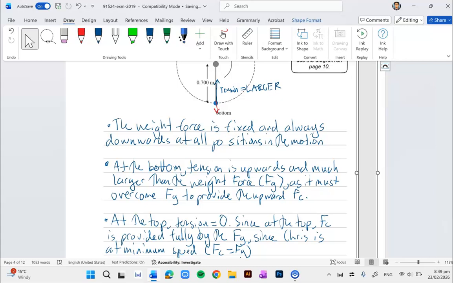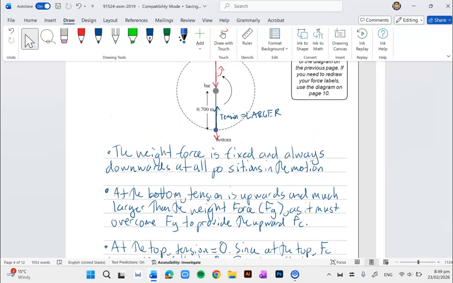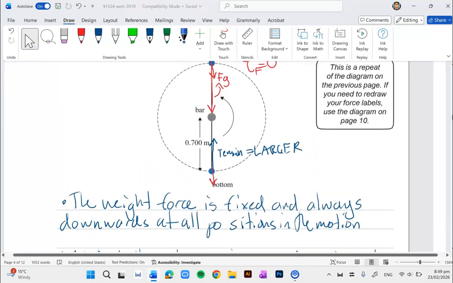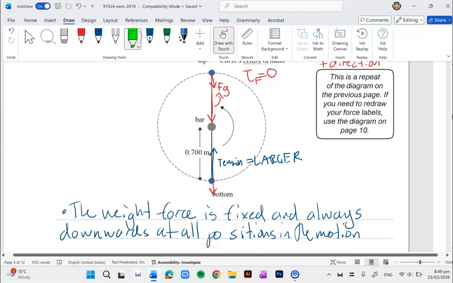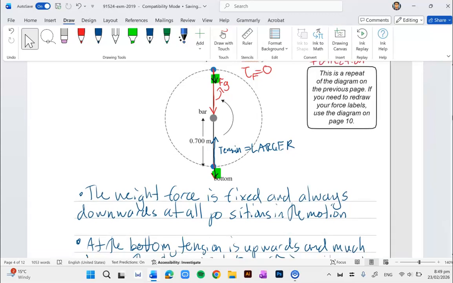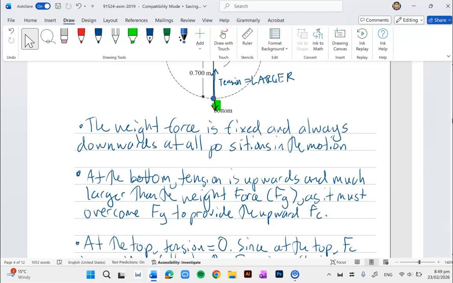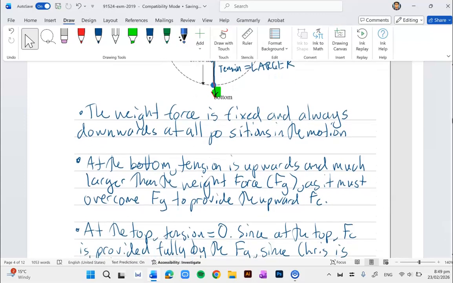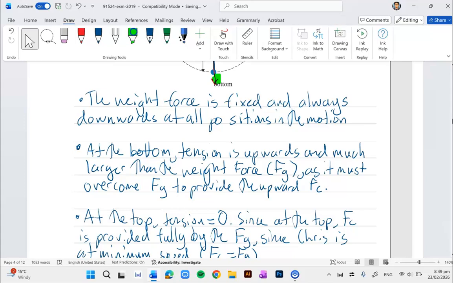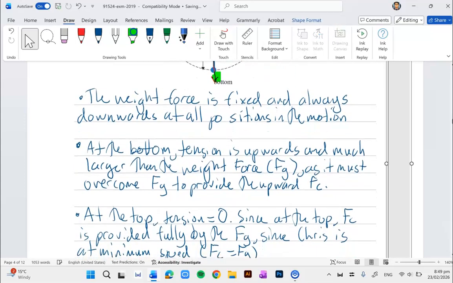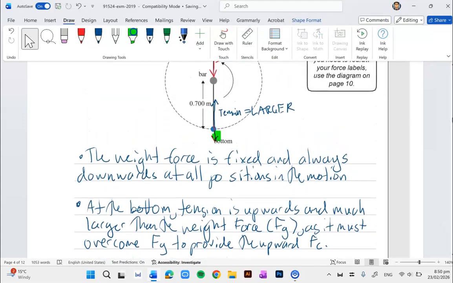So the first bullet point is the weight force is fixed or constant and always downwards at all positions in Chris's motion. So you can see I've drawn that. It's always downwards, there and there, and it's the same size. At the bottom, the tension is upwards and much larger than the weight force, Fg, as it must overcome the gravity force to provide the upwards centripetal force.